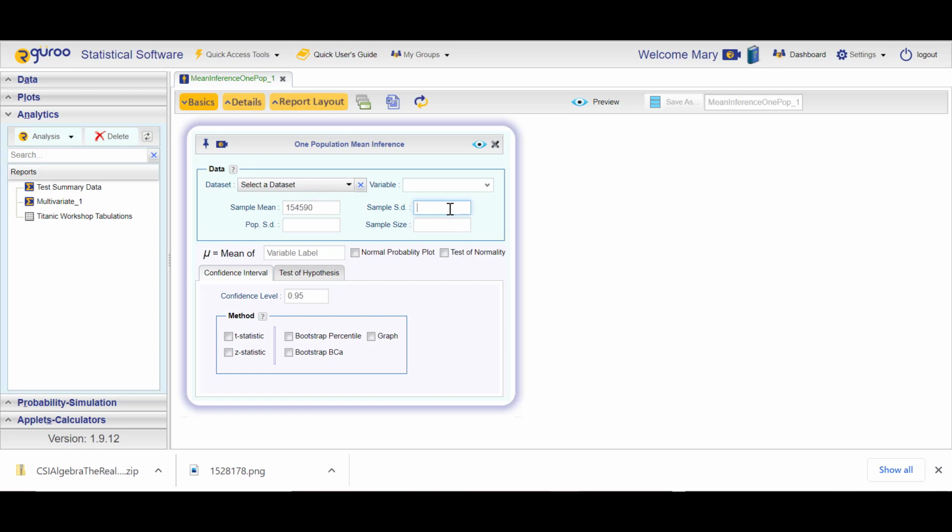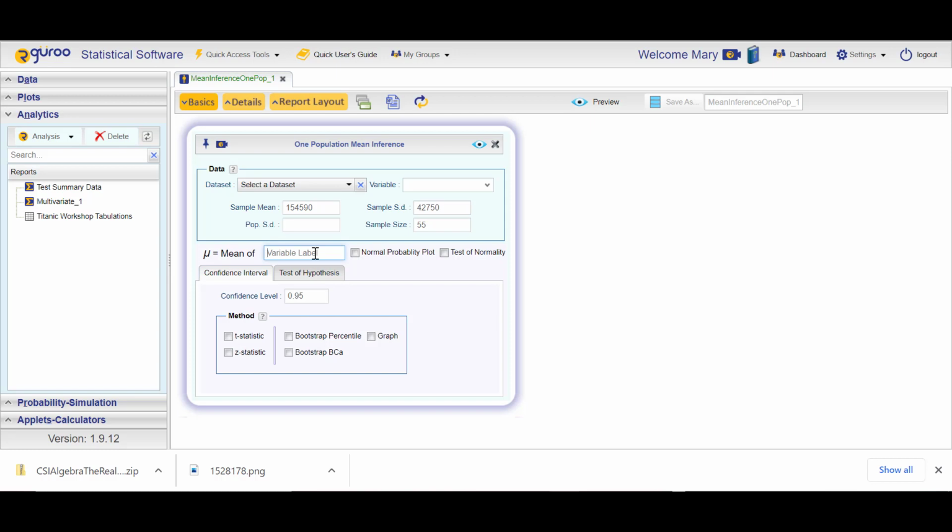Our sample standard deviation was 42,750. And our sample size is 55.